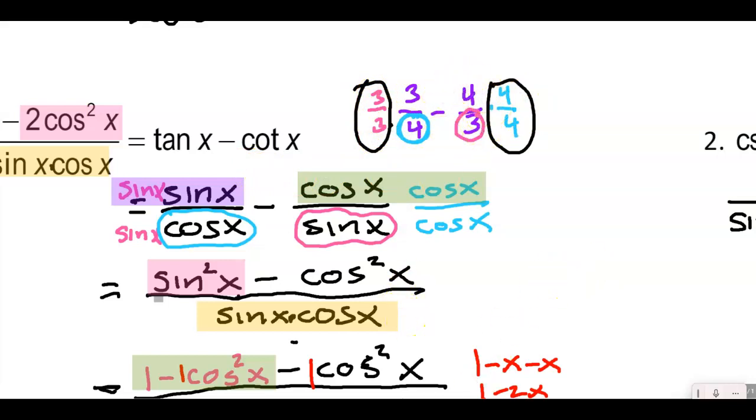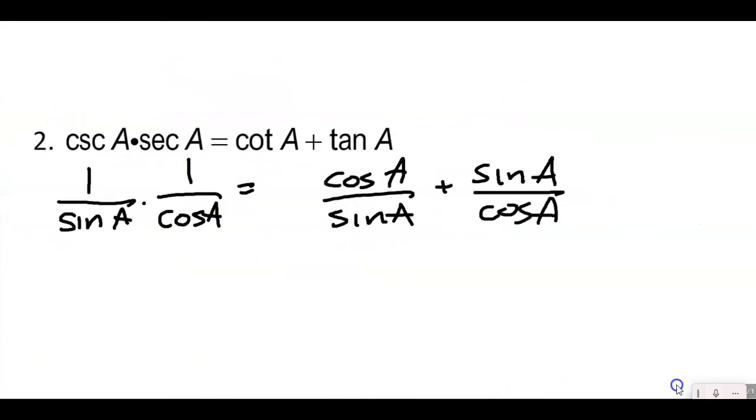So it's very similar. Not the same, obviously, but this is sine over cosine minus cosine over sine. You know, tangent minus cotangent. And this one is cotangent plus tangent. So it's basically the same problem, but positive instead of negative.